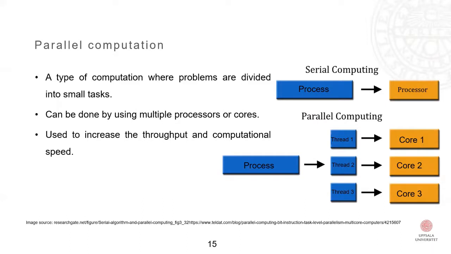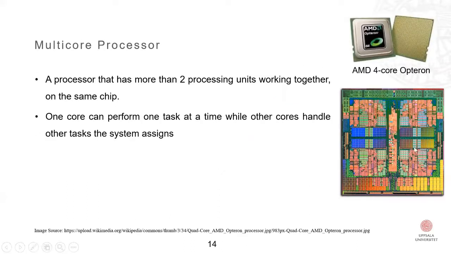But with multi-core computers, we could divide a process into smaller tasks, and these are actually called threads in operating systems and in computing. Threads are like small processes that divide the work of the process, and then these threads can run on different cores of the computer. For example, with these 4 cores, we can have 4 threads at a time at most.